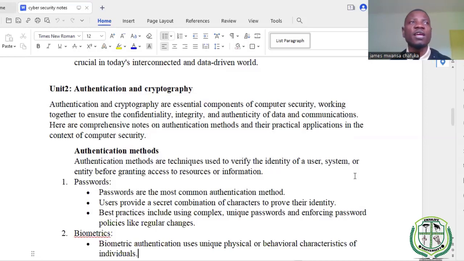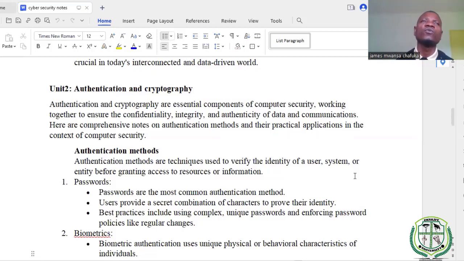Like I said earlier on, authentication techniques are used to verify the identity of a user, a system, or an entity before granting access to a resource or information.